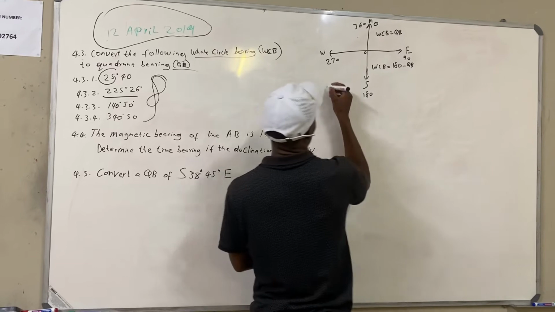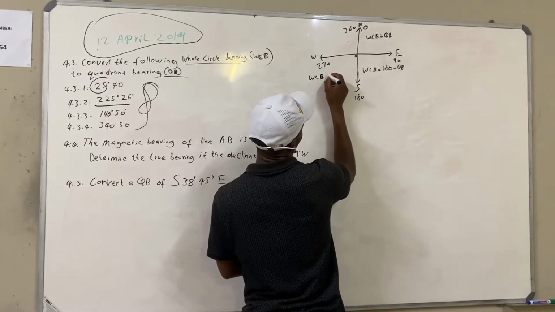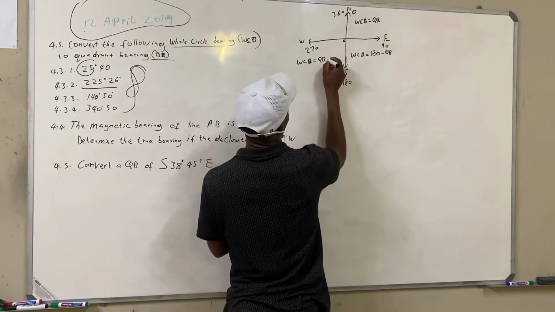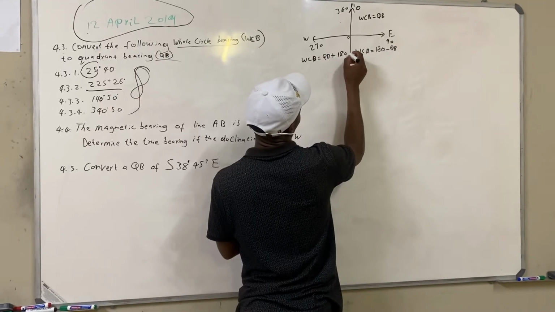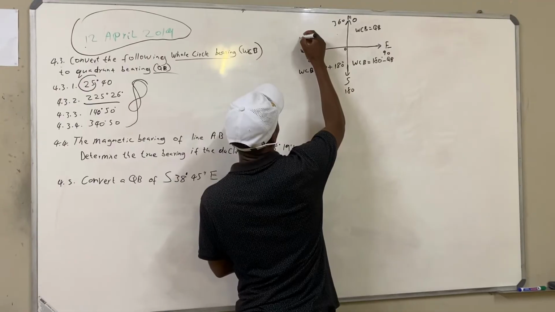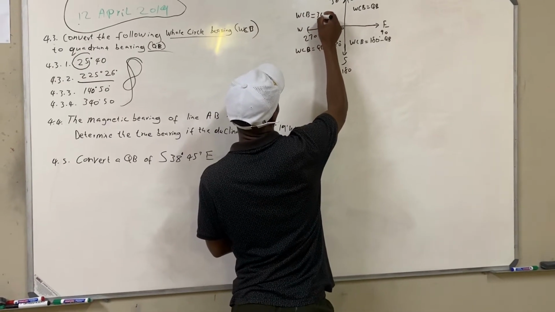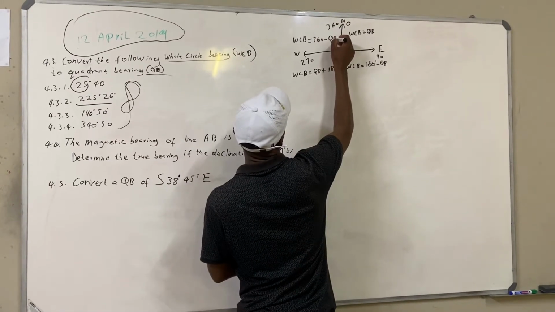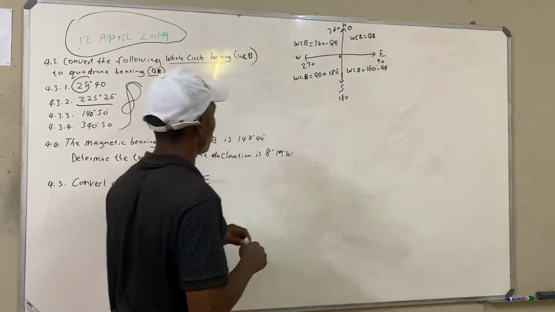In the third quadrant, the whole circle bearing is equal to the quadrant bearing plus 180 degrees. Then in the fourth quadrant, the whole circle bearing is equal to 360 subtract the quadrant bearing.